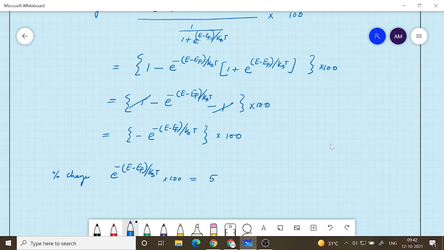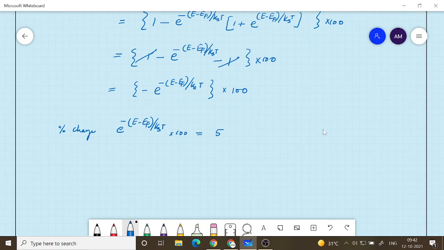If it is allowed to be 5%, then we can take e raised to (E minus Ef) by kBT equal to 0.05, or taking the logarithm on both sides, (E minus Ef) by kBT is equal to the natural logarithm of 0.05.